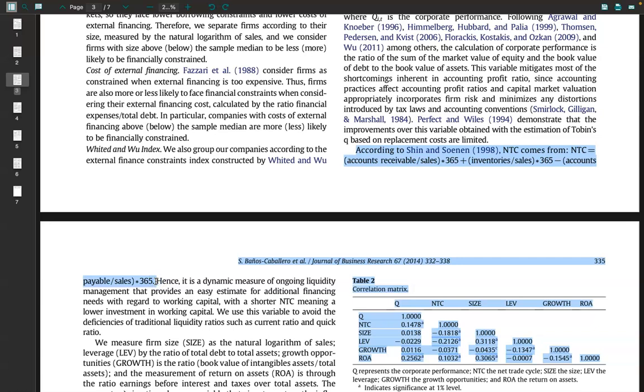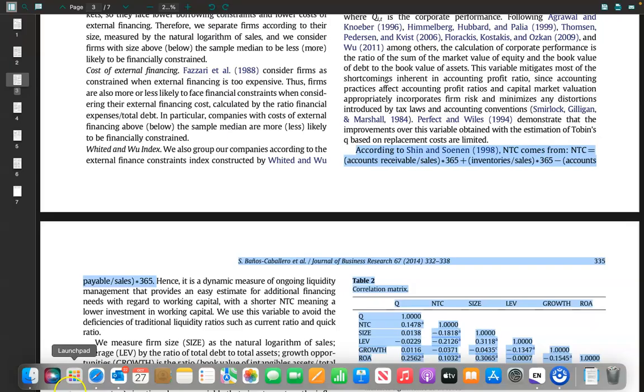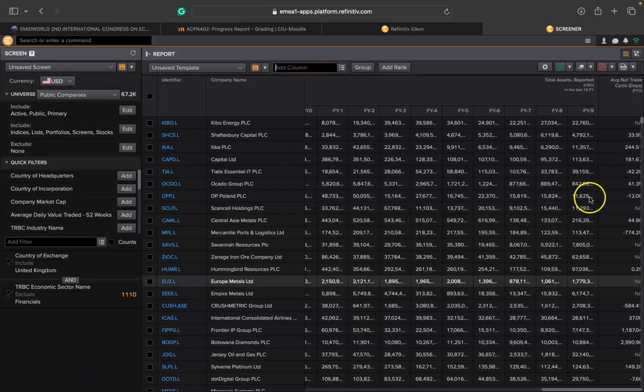So we don't have to download accounts receivable divided by sales multiplied by 365, inventory divided by sales multiplied by 365, and minus accounts payable divided by sales multiplied by 365. So we can directly go over there in Refinitiv Eikon.